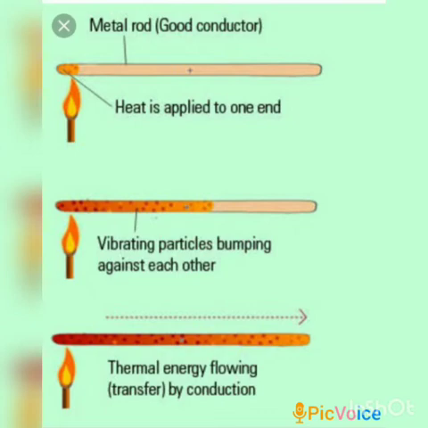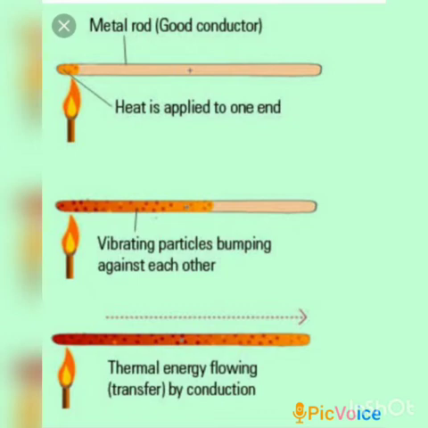They vibrate about their mean positions and keep on passing heat energy to their next in line neighbors. That means heat energy is transferred from one particle to another, but there is no actual movement of particles. They do not leave their places.